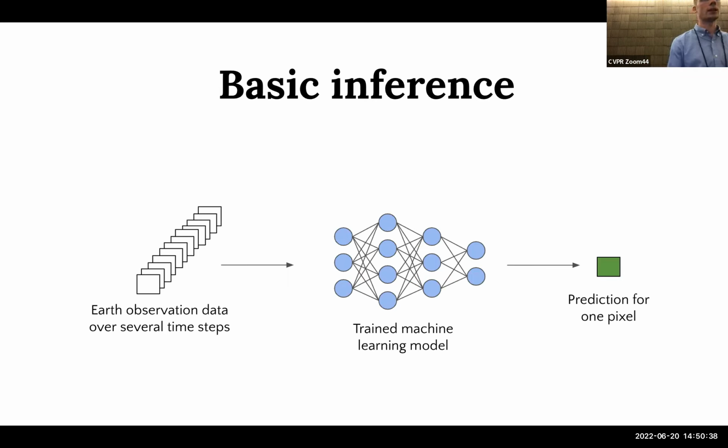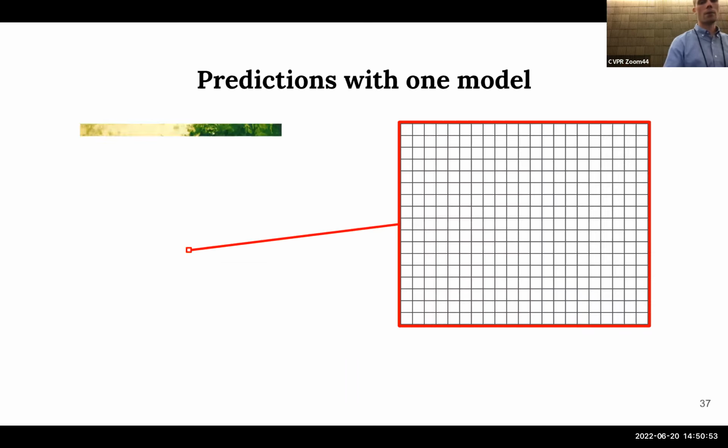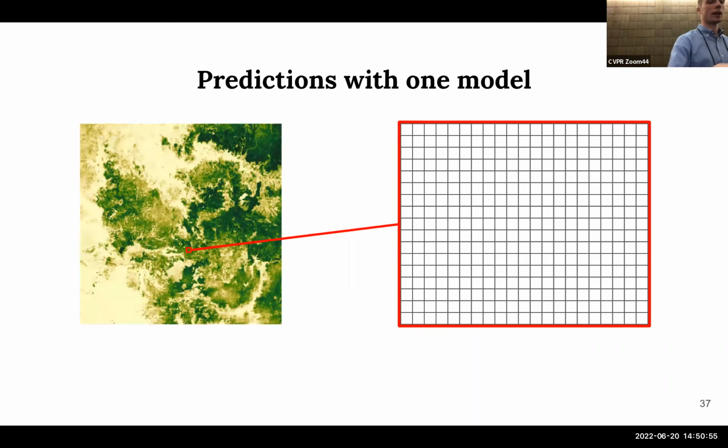What we did in the training notebook is basic inference. We took Earth observation data, put it into the model, and got one tile out, or one pixel for simplicity. And this is good for visualizing a simple thing. But if we want to make a map, that's going to be millions and millions of pixels.